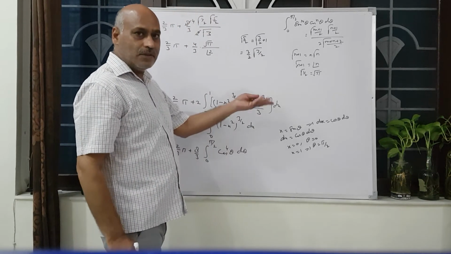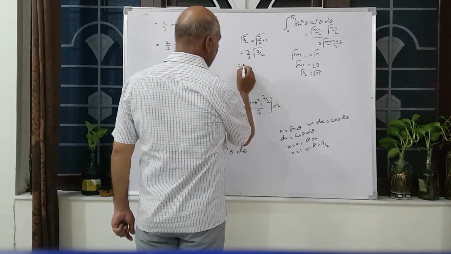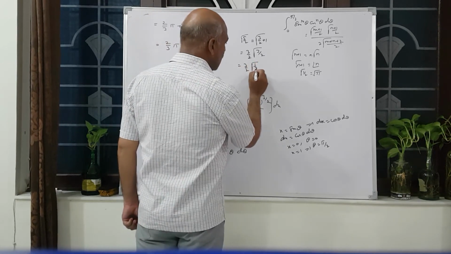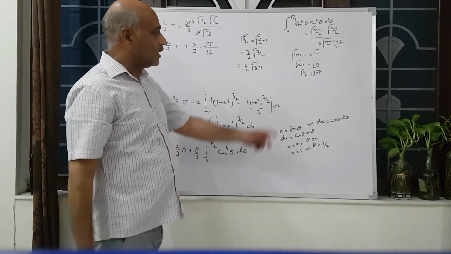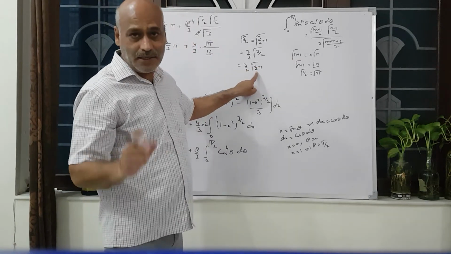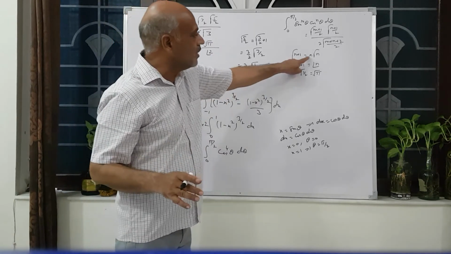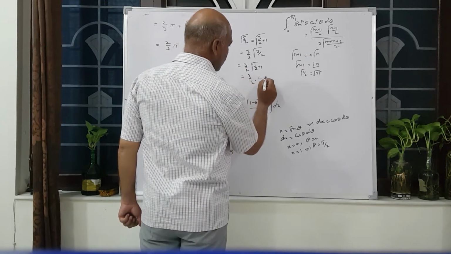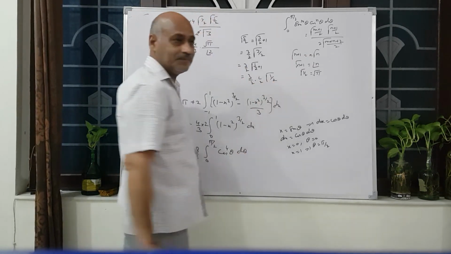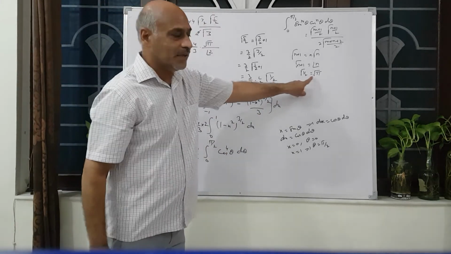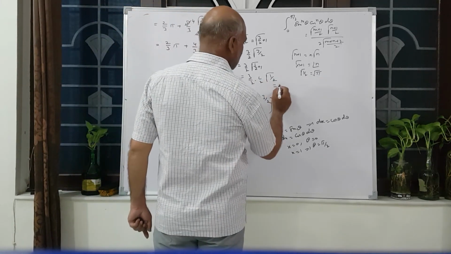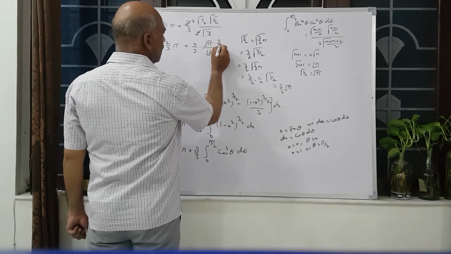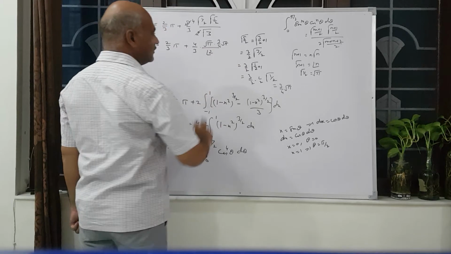Again we will use the same formula. 3 by 2 we can write as half plus 1, and what is n? n is half. So 3 by 2 times half gamma half. Gamma half is root pi. So this is 3 by 4 root pi.